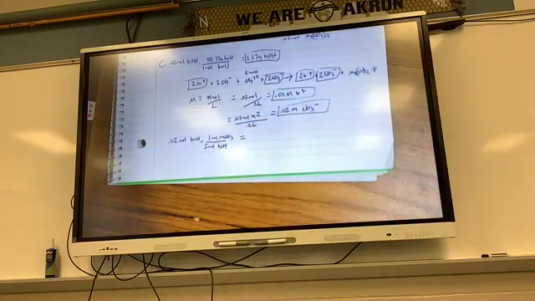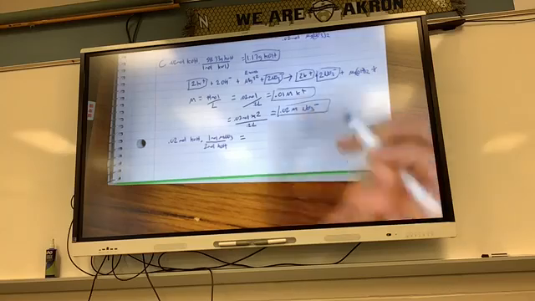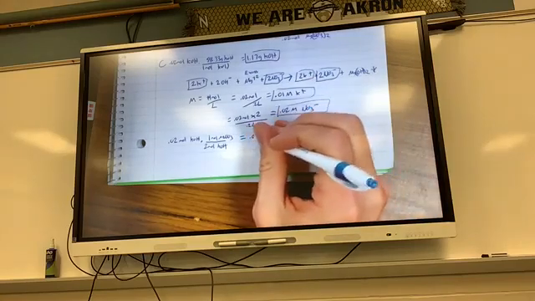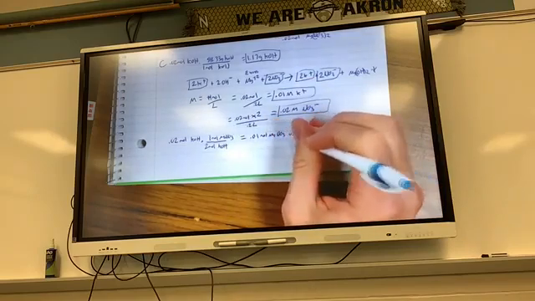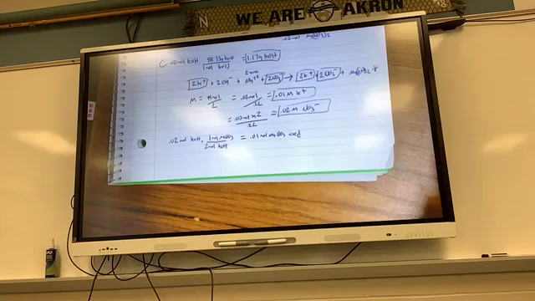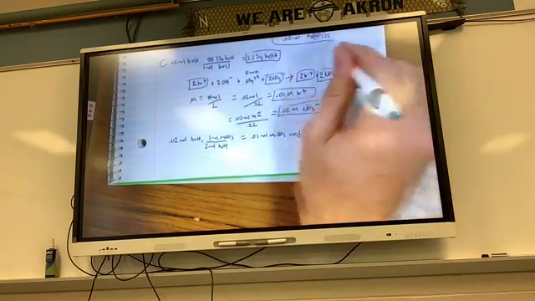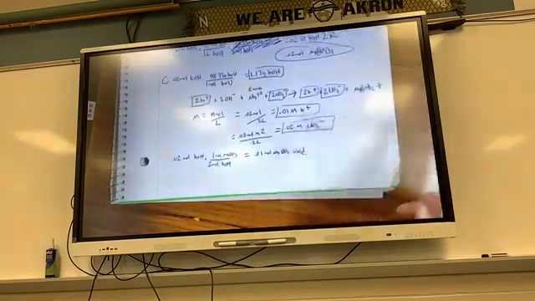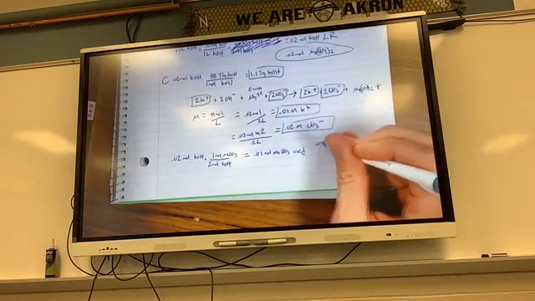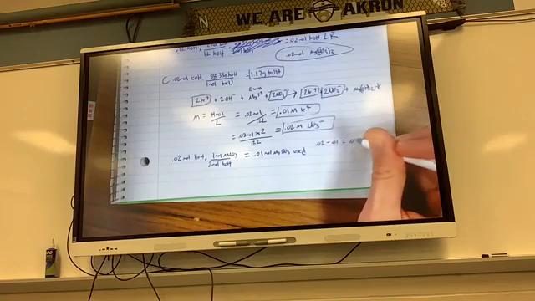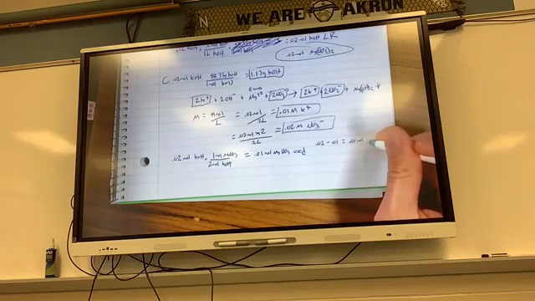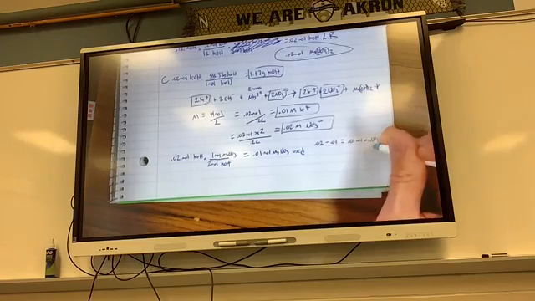So 0.02 divided by 2 means 0.01 moles of MgNO3 were used. Are we good with that? How much did I start with? 0.02. So I do 0.02 minus 0.01, which is 0.01 moles of MgNO3 in excess.